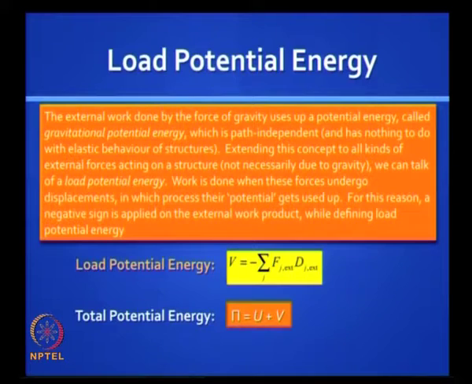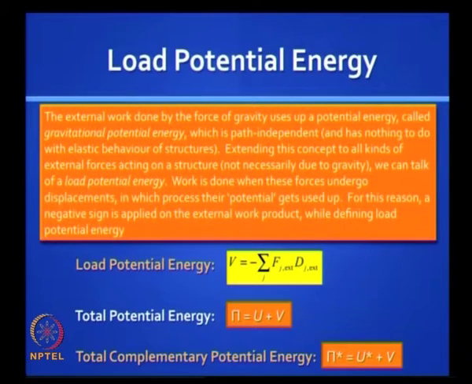Mind you, U is always positive, U can never be negative, and V is negative. Is it clear? So we actually talk about the changes in capital Pi, and whether it changes or not we will see in the next slide.